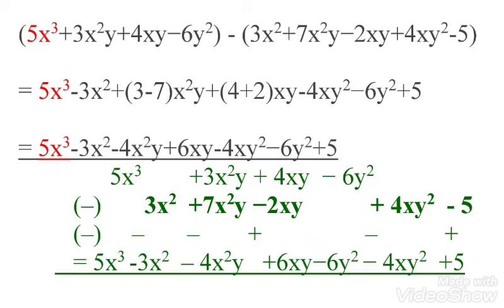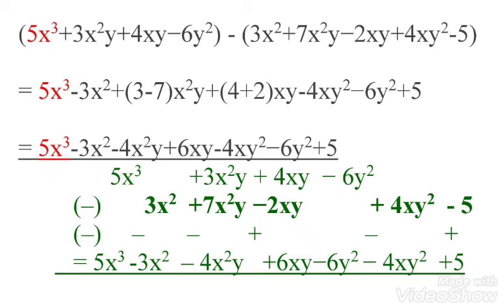Now I tell you the second method, which starts with the green color. 5x cube plus 3x square y plus 4xy minus 6y square. You see, here we write the first line and then the second line with minus, downwards. And then with sign, we change the sign. Where there is plus, we go for minus.